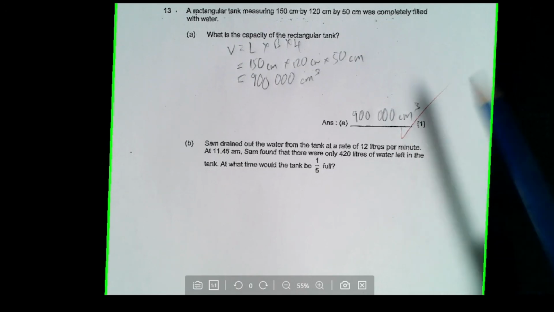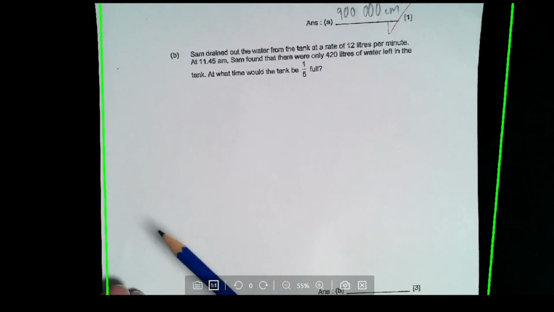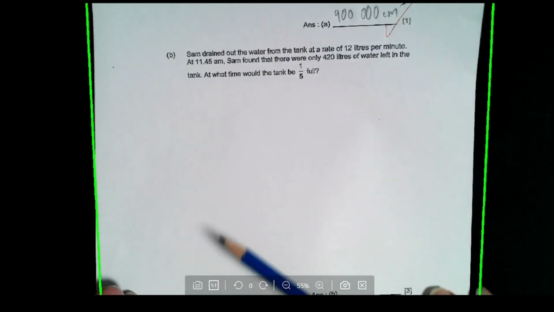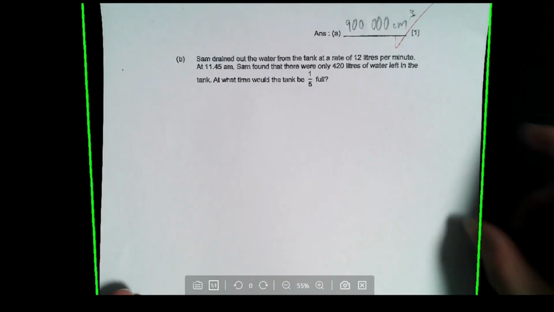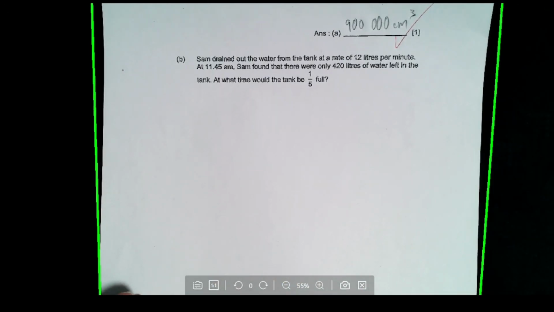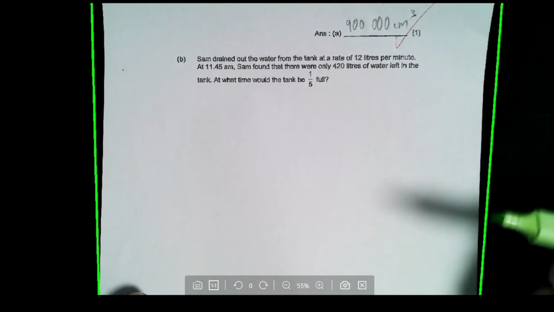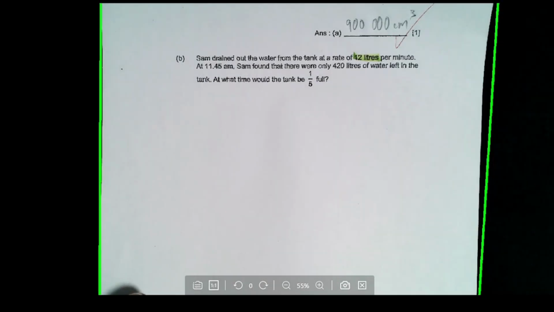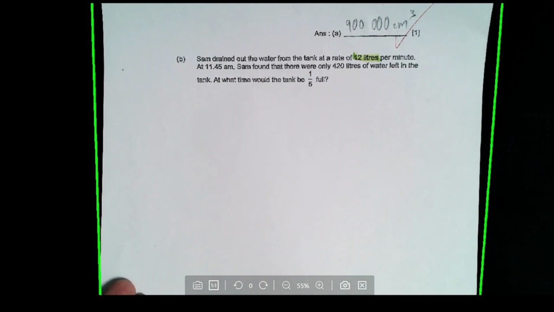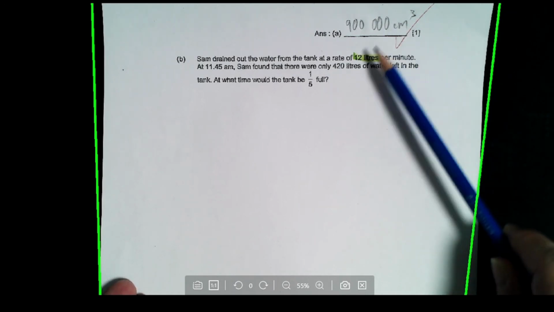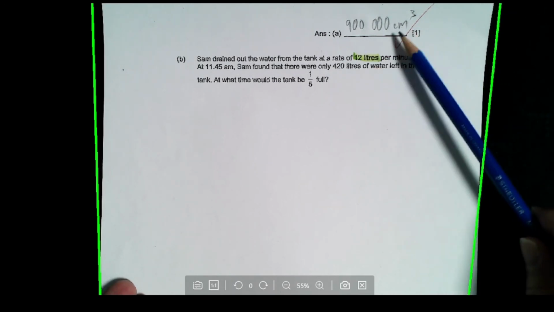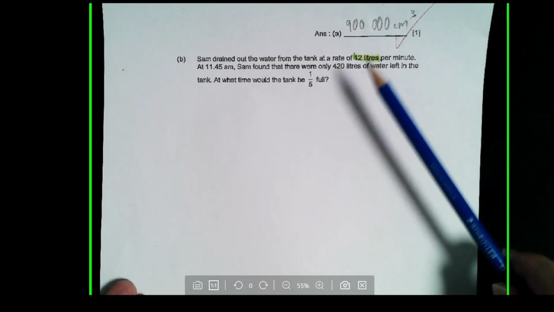But now, if we look at part B, it says the water flows out at 12 liters per minute. Aha! So you have a difference of unit here. You're going to have to change this to liters.